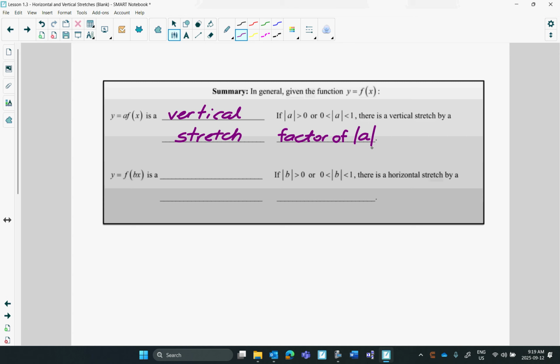If there's a number inside the function getting multiplied by the x, that is a horizontal stretch.